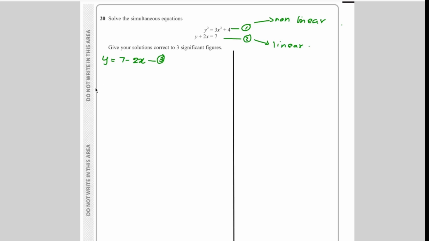It means wherever you get y in the first equation, we do not write y there. You have to replace y with 7 minus 2x, right? So let's rewrite the first equation. So I'm getting y squared, and now wherever I get y, I have to replace it with 7 minus 2x.